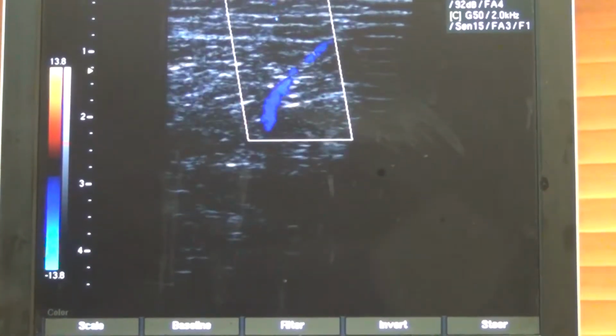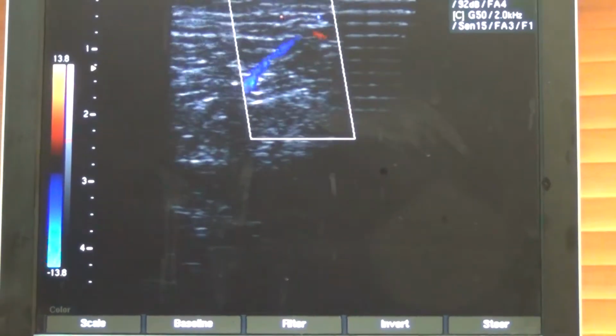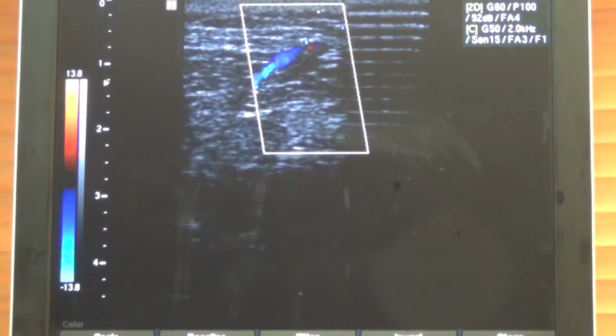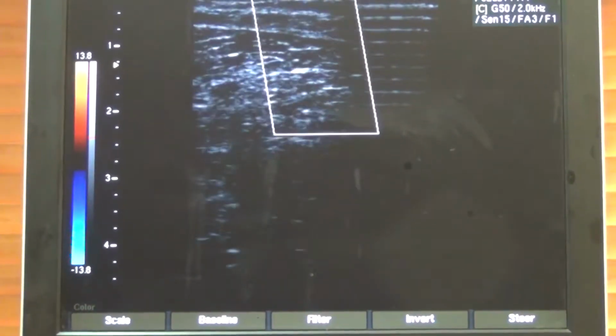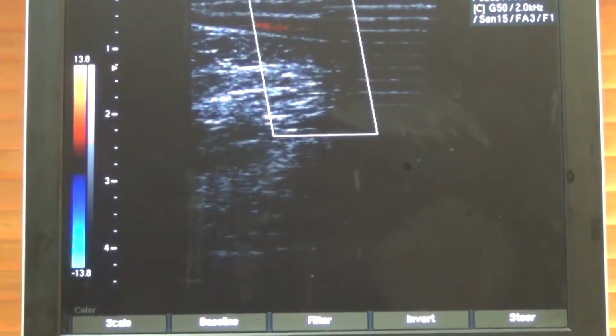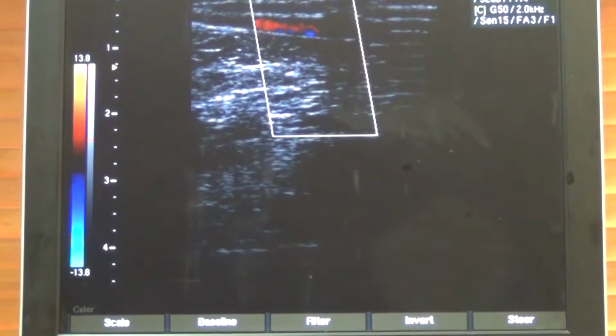It is possible that this arteriole and the anterior tibial is responsible for short-circuiting into the great saphenous vein.